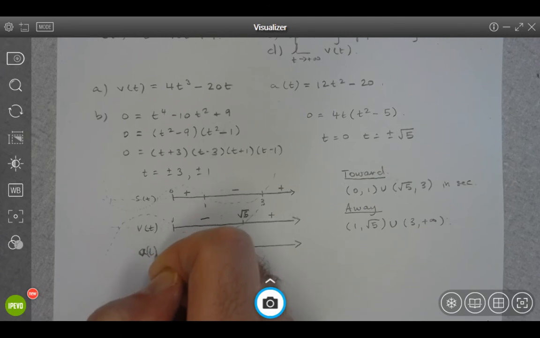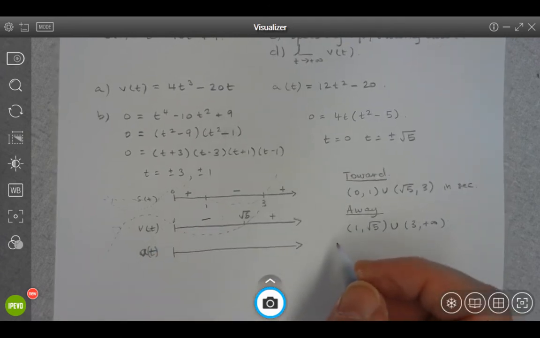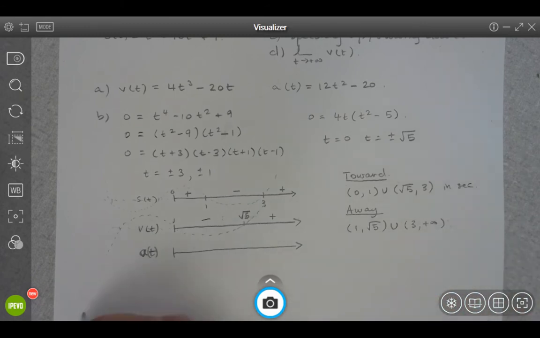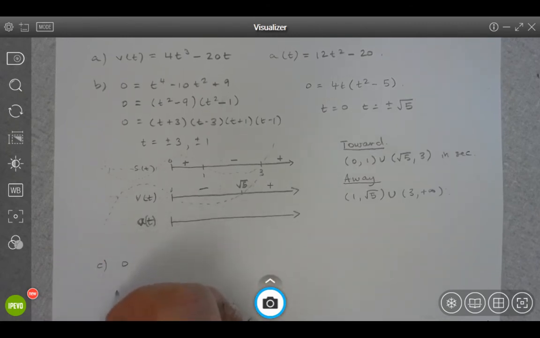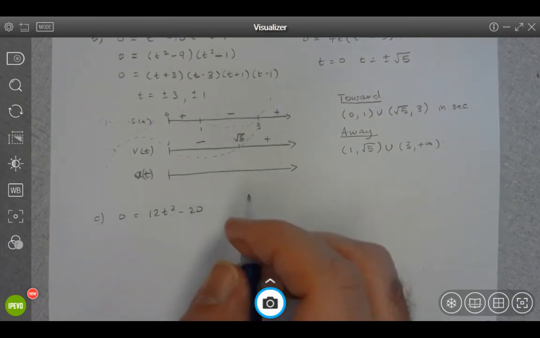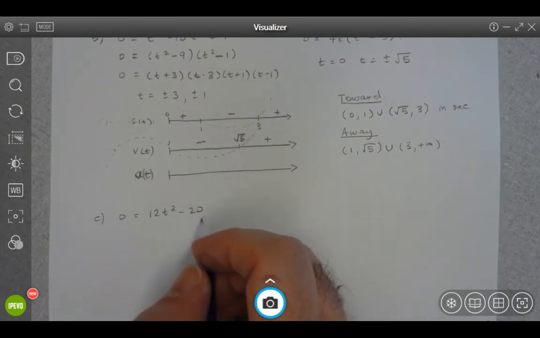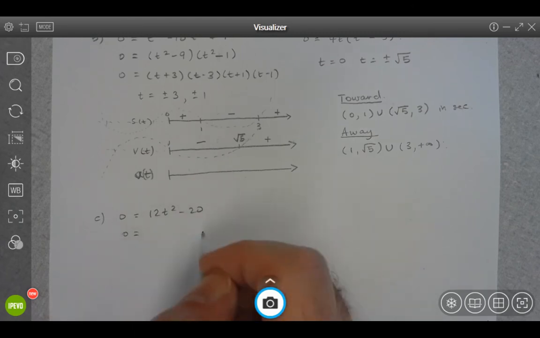Oops, A at t. Here, A at t is a quadratic. So let me do some work down here. This is part C. So A at t, we're going to make that equal to 0. And what do we have? We have 12t squared minus 20. Let's divide by 4 to make our lives a little simpler.